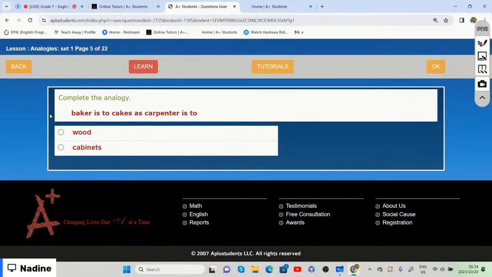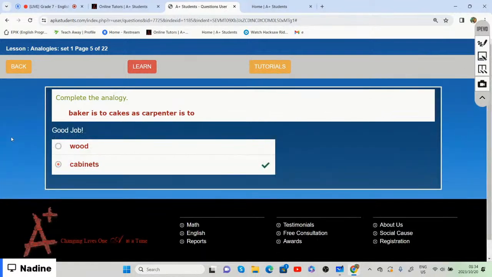What does he make? What are the things that he makes? Yeah, so basically carpenter, yes, he uses woods, but he makes the cabinets. So well done, cabinets is correct.